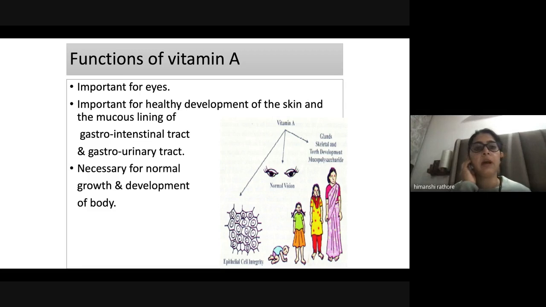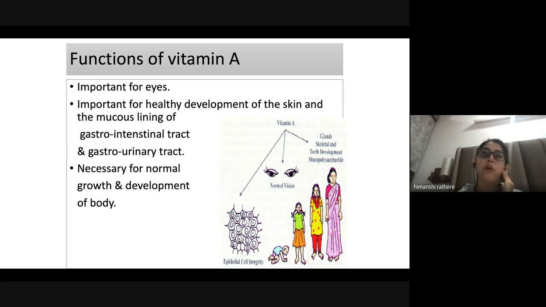Apart from the eyes, it is also required for healthy skin. Why? Because skin glands require vitamin A for their cells to grow normally. If vitamin A is not there, your skin will be peeling, it will become dry, it will become dull. So for lustrous, healthy skin, you need a proper amount of vitamin A in your diet.